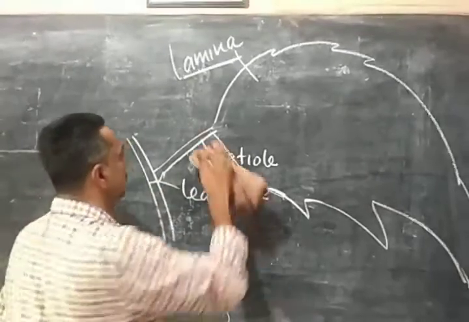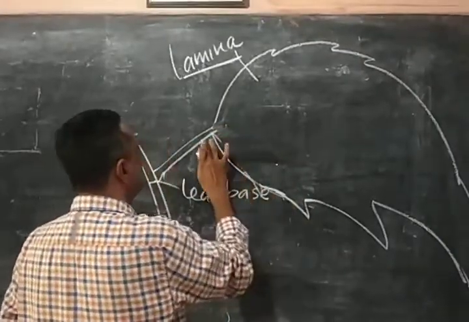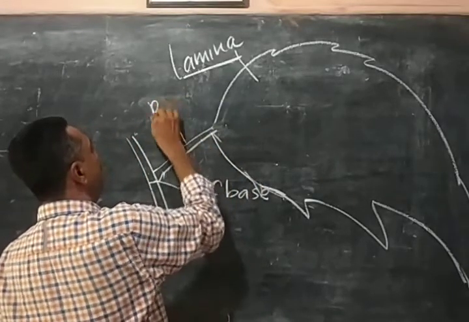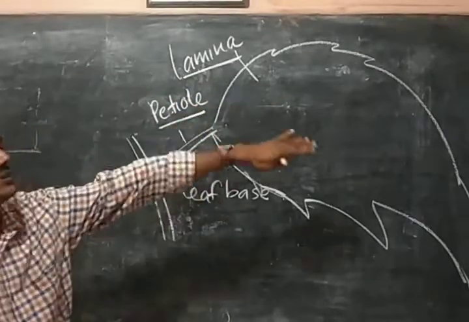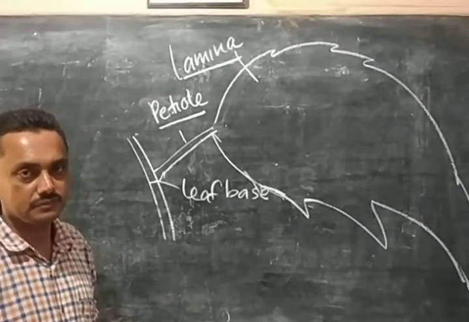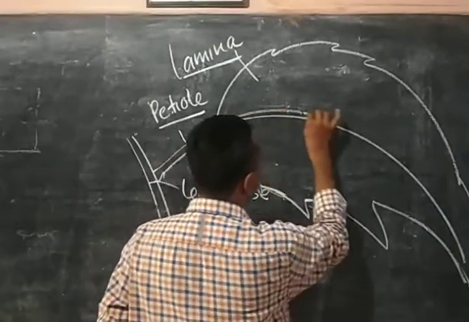I will add it here. This is called petiole, and the green part is called lamina or blade. At the middle region, there is a main vein like that.